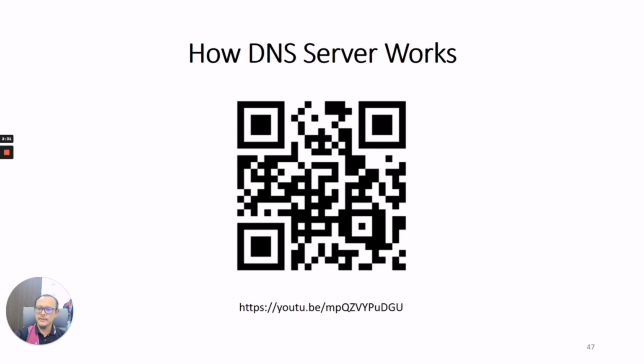So we already discussed HTTP, SMTP, and FTP. I believe that you already know the differences and similarities of those protocols. Now I want you to look into DNS, the domain name server, and basically how it works. You can scan this QR code and watch the video.